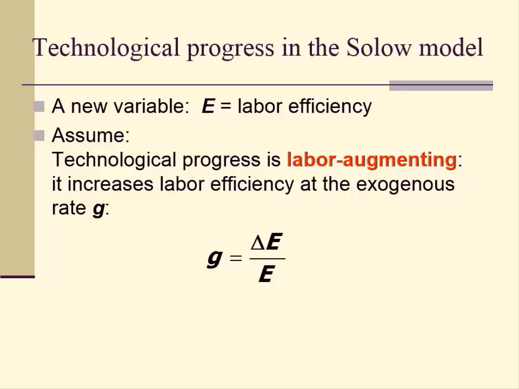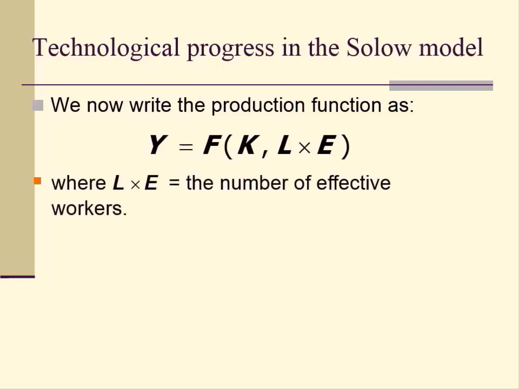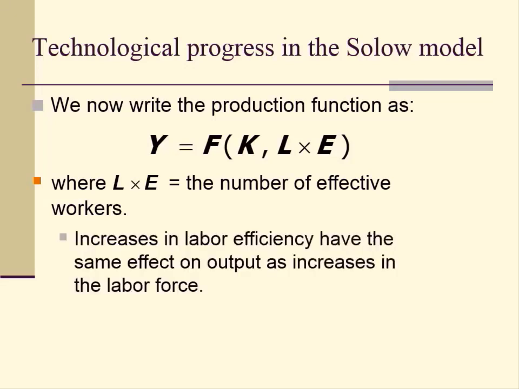That is, it increases labor efficiency at the exogenous rate g, where g equals the change in E over E. We now write the production function as Y equals F of K and L times E, where L times E is the number of effective workers. Here, increases in labor efficiency have the same effect on output as increases in the labor force. This seems harder to work with than before, but there's a neat trick to reduce the work.